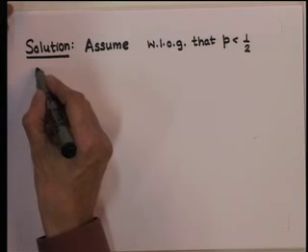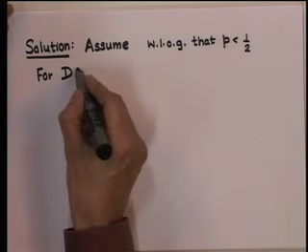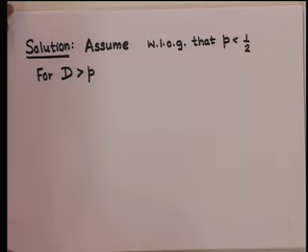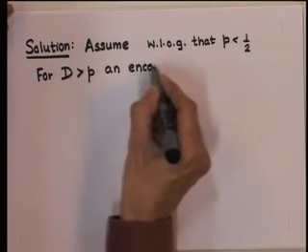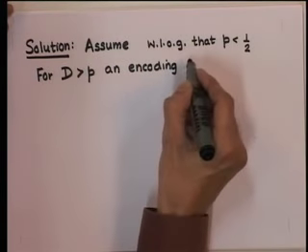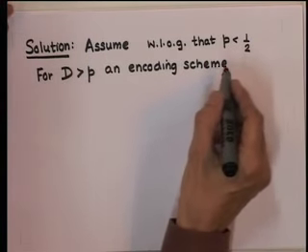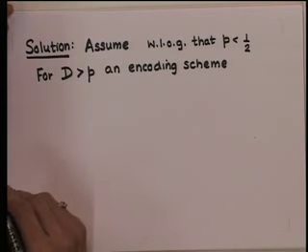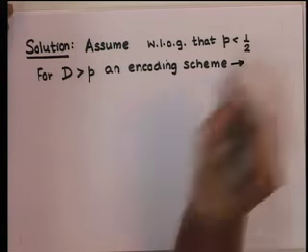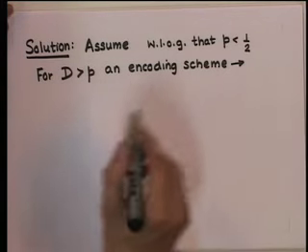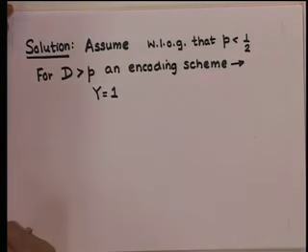So, for d, that is the specified distortion level, greater than p, an encoding scheme that would satisfy the distortion criterion would be not to transmit anything and fix y equal to 1.